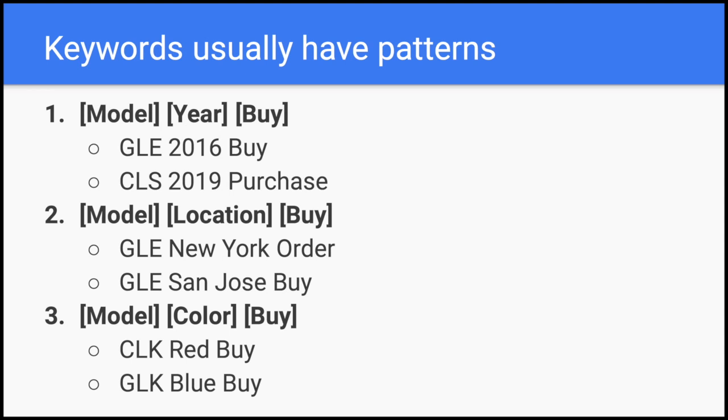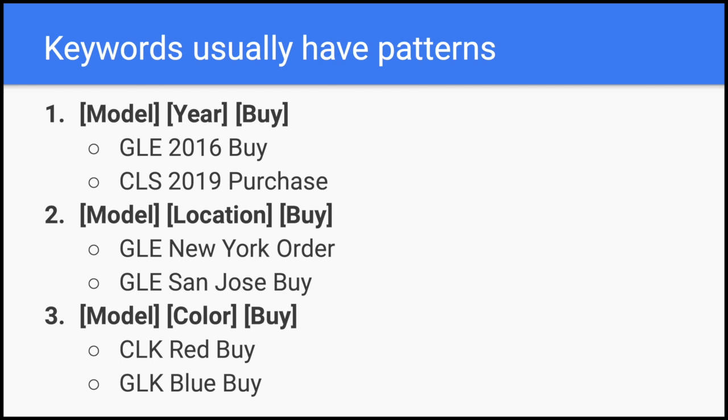Another example is with a location. This recipe is about somebody looking to buy a Mercedes close to a location. It's GLE New York, San Jose, San Francisco, order, buy, and the same way. So you can actually take anything you sell and make a recipe.